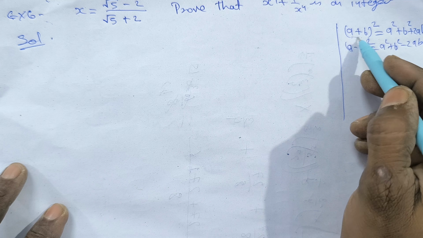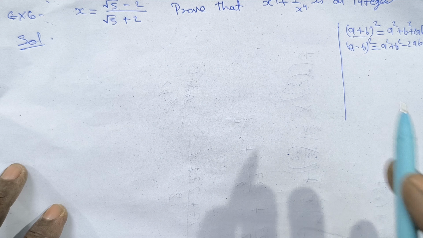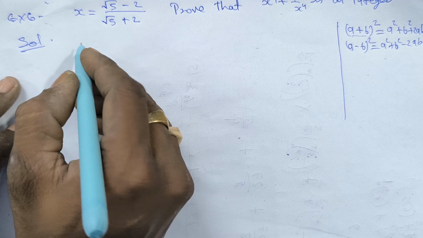You know the formula of square and cube, you don't know the formula of power 4, so you need to break this formula first.